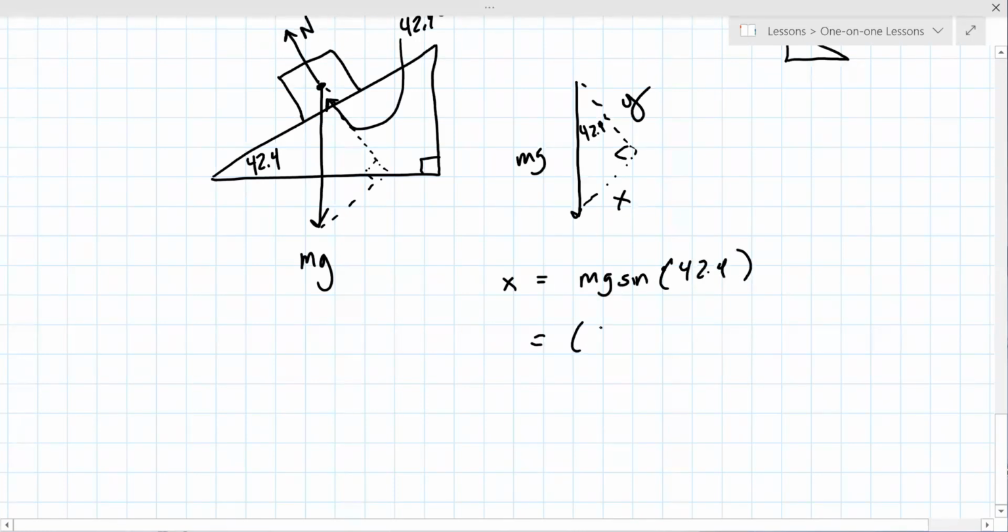So this time the mass is 54.3, gravity is 9.81, sine 42.4. That 42.4? Yes. All right.